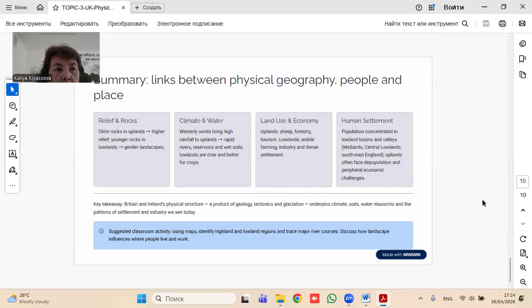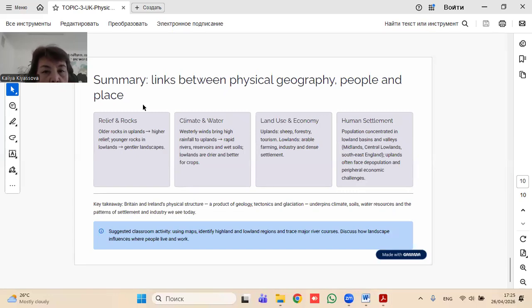And at last, I want to tell you about links between physical geography, people, and place. Okay, relief and rocks: old rocks in uplands, high relief; young rocks in lowlands, gentler landscapes.